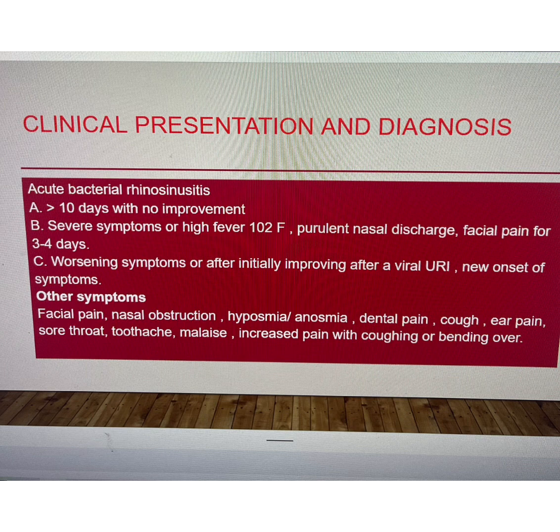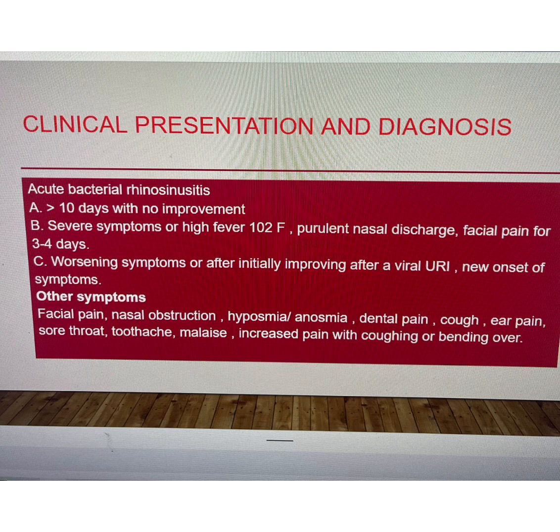Number three, the patient who had an upper respiratory infection that lasted 5 to 6 days, but was initially improving, but then the symptoms got worse, and now there is new onset of fever, headache, or increase in the nasal discharge.